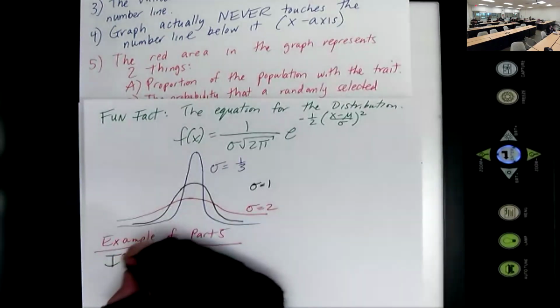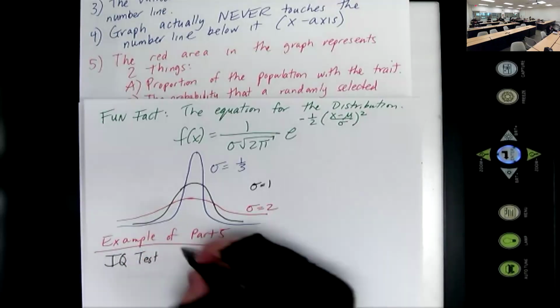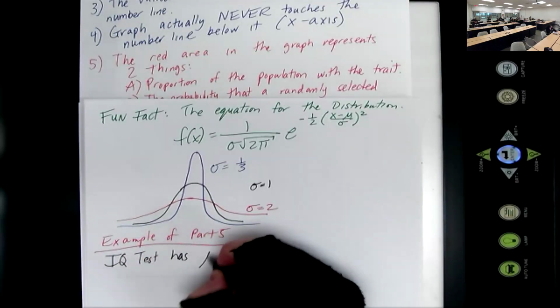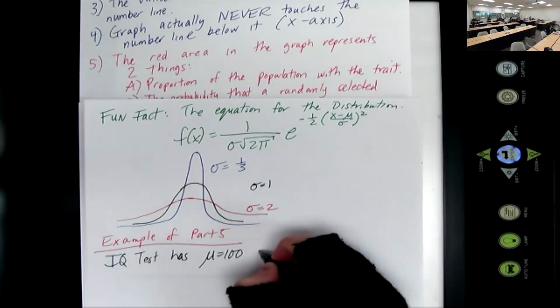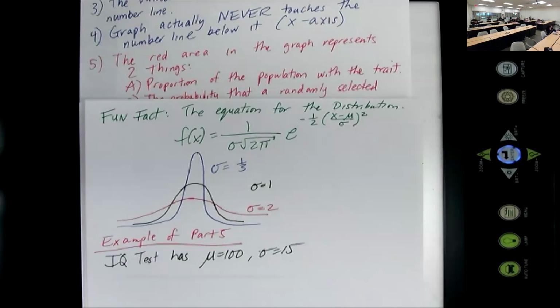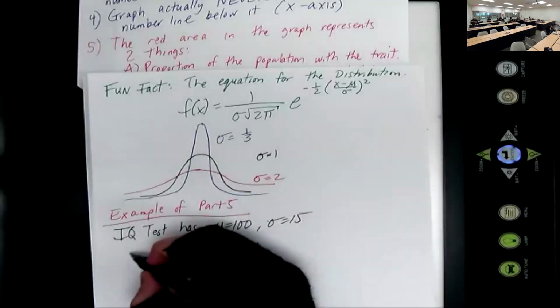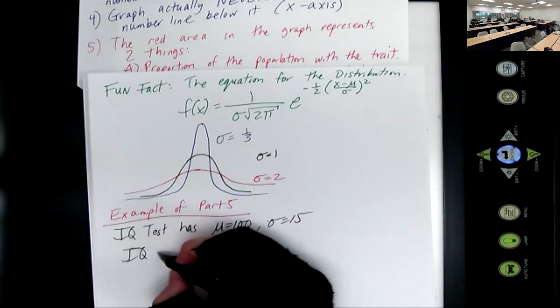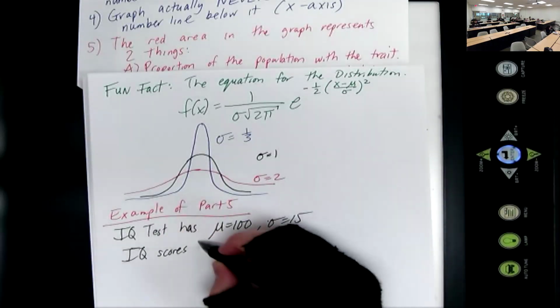The IQ test has a mean of 100 and a standard deviation of 15. If we look at IQ scores between 85 and 130.